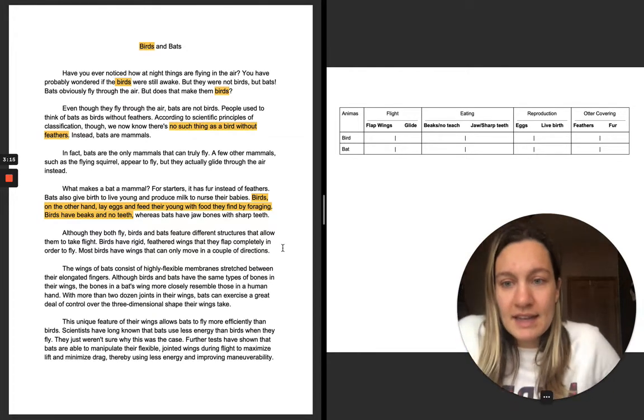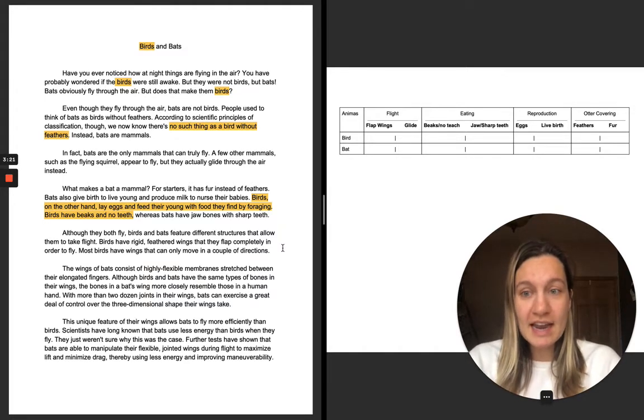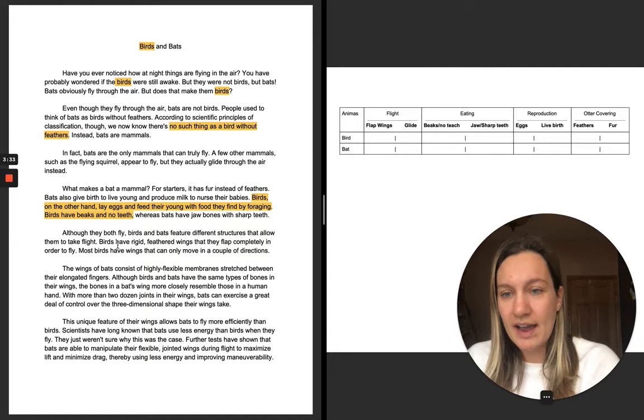All right. Next, I want you to read the next section with your partner, and I want you to highlight all the things about birds in yellow. Go ahead. So as students are reading, these are the things they should have highlighted.